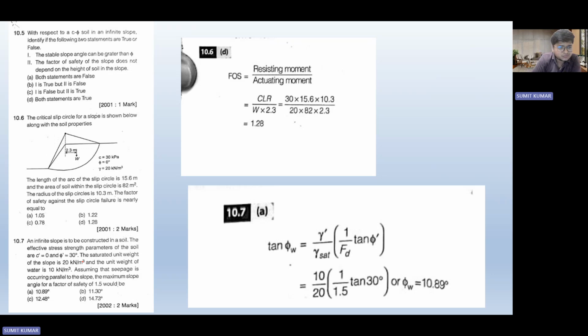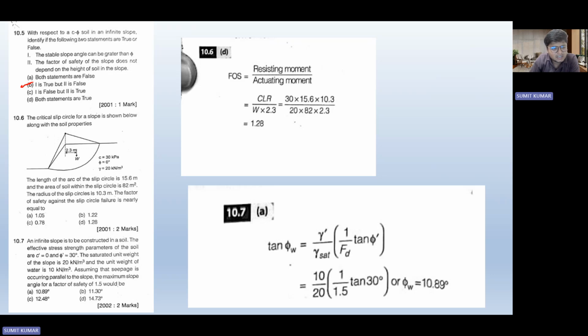So it is true, beta should be greater than phi. The second is the factor of safety of the slope does not depend on the height of the slope. So this is a false statement. So the correct answer is 1 is true, 2 is false. So B is the correct answer.